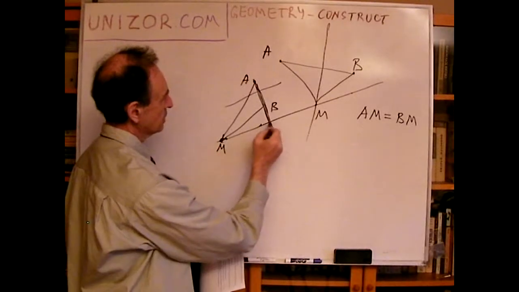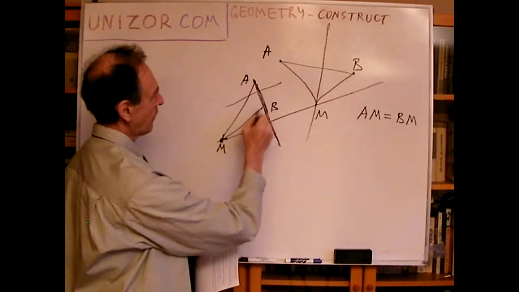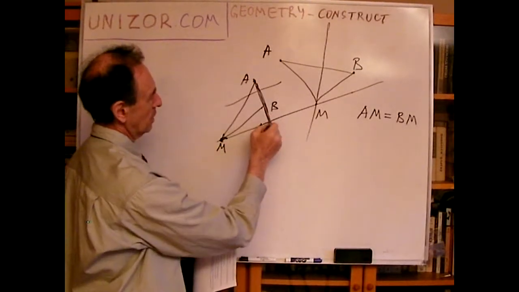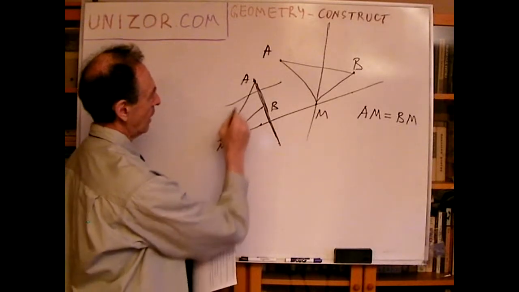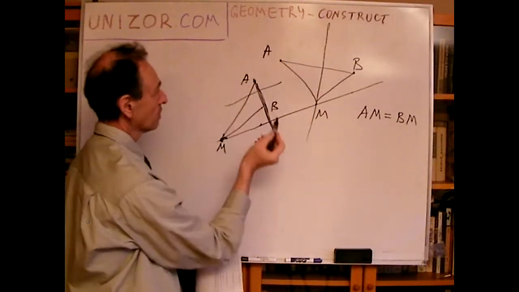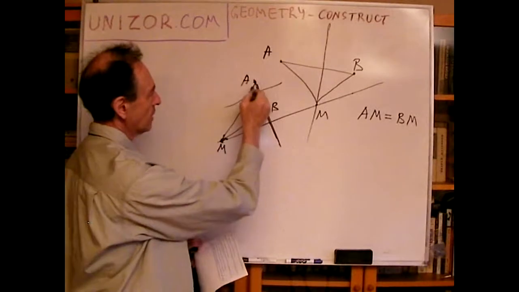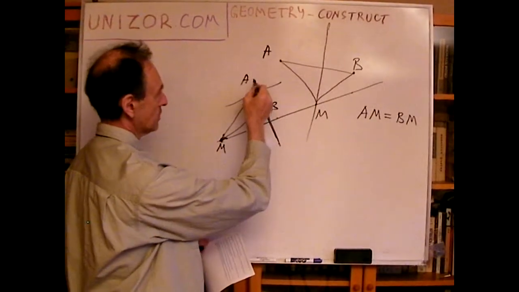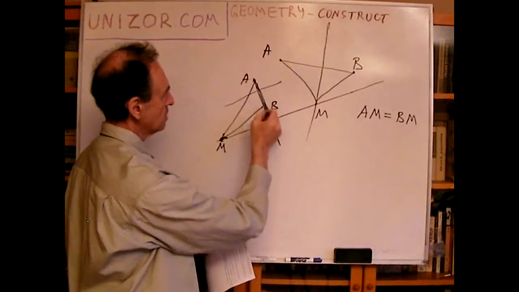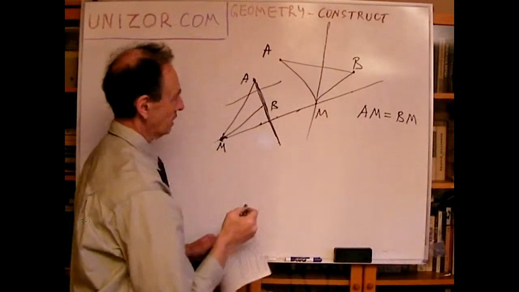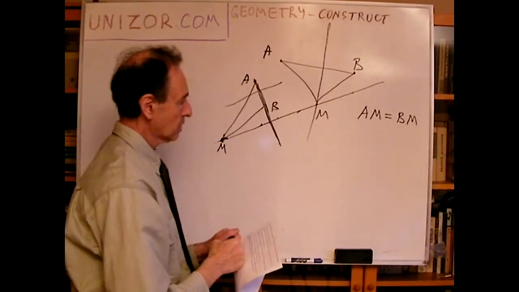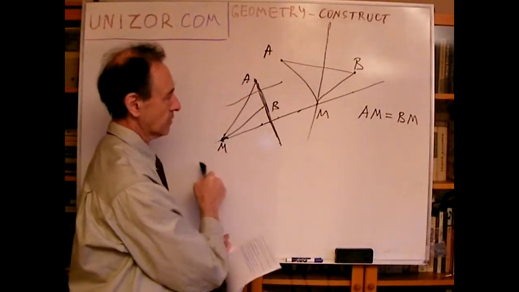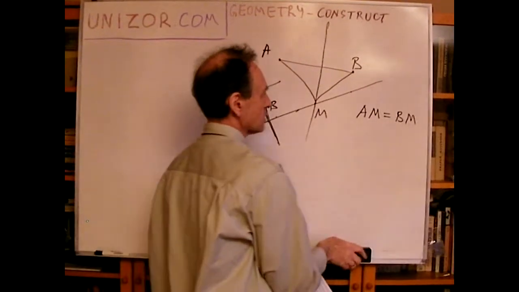So this is perpendicular, this is the shortest, and the further from the perpendicular our segment is, the longer it is. So that's why if the line which connects A and B is perpendicular to the given line, then there is no equidistant point on the line. There is no solution to this problem.